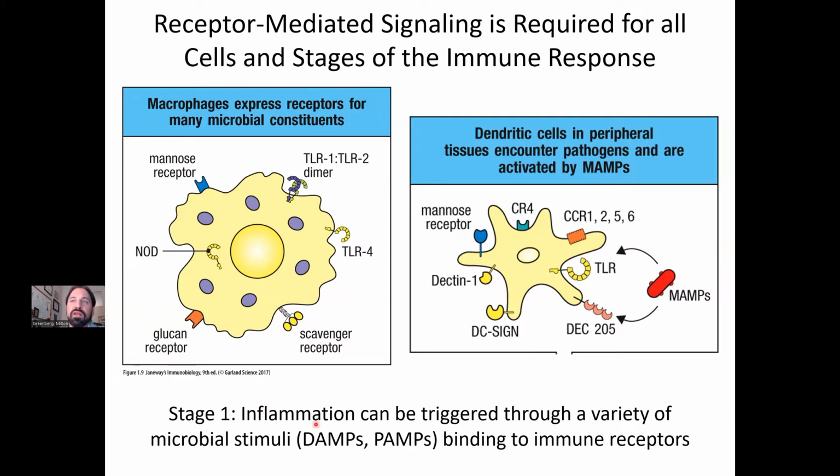So stage one is that this inflammation can be triggered through a variety of microbial stimuli. We have our pathogen-associated molecular patterns, or PAMPs, but also DAMPs, or damage-associated molecular patterns. What I mean by this is things that are not supposed to be in the environment, if they are detected there, things like nuclear proteins, like histones.